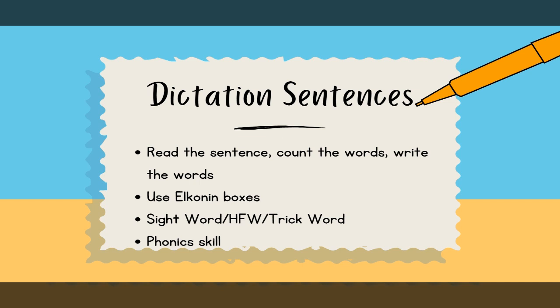And then the sentences also go back to those phonics skills. If we're focusing on the CH sound, I will probably throw in a sentence, he has a chip. So now we've got the sight words, he has a. Those are words that show up frequently in texts. And now we have the phonics skill CH for chip.